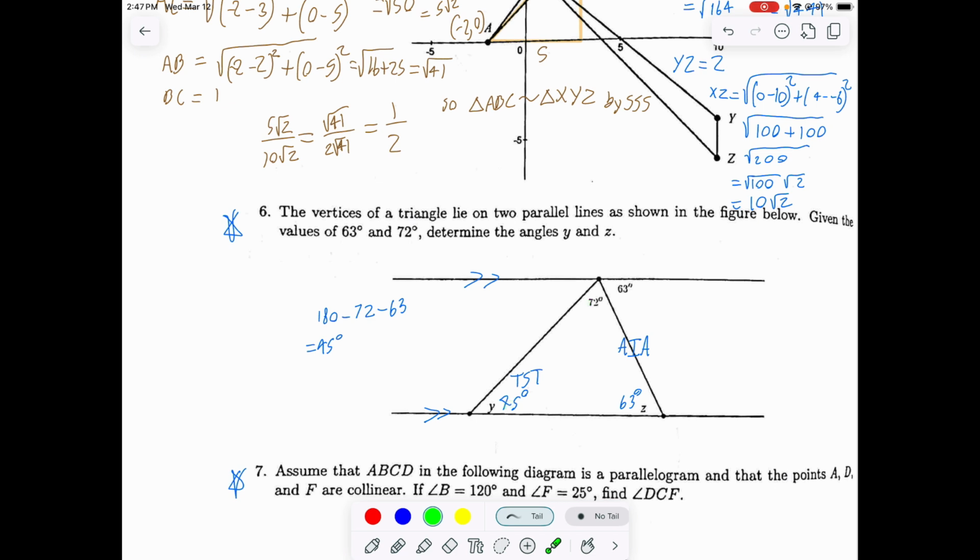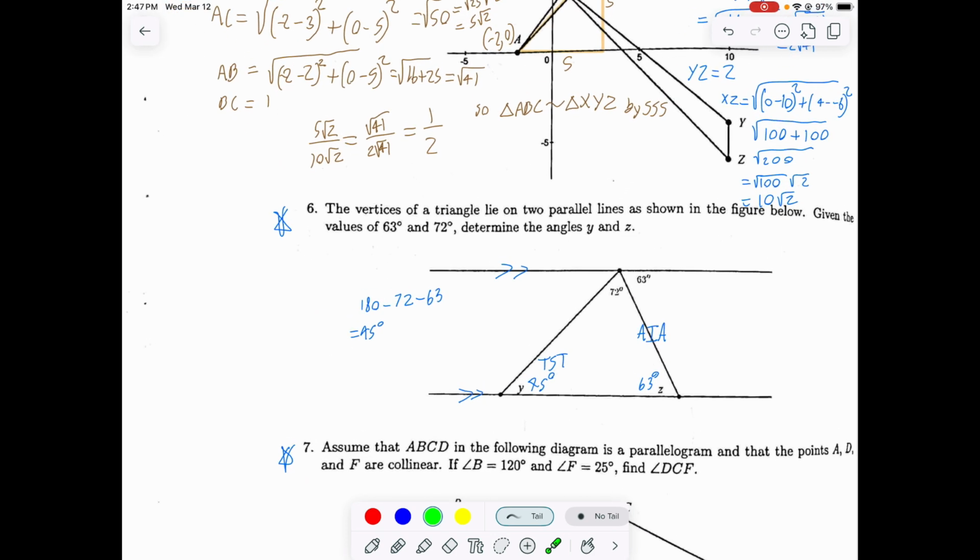There's not a single way to get each answer. There's multiple ways, but this is the way that I chose. So the triangle sum theorem and then alternate interior angles, these were going to be congruent because they're alternate interior angles. The other one is the triangle sum theorem. We couldn't use alternate interior angles here because notice how this angle doesn't alternate with an angle that we know. Of course, we could have found it by knowing that these add up to 180 and subtracting out from those.